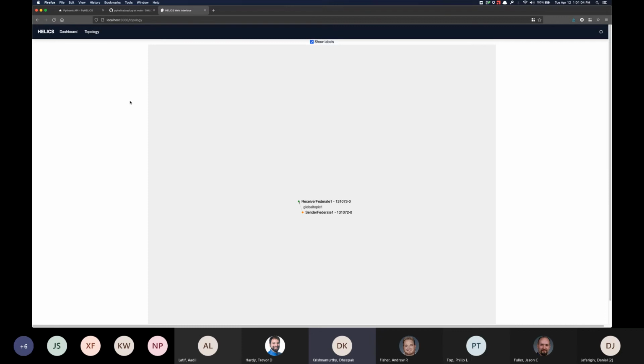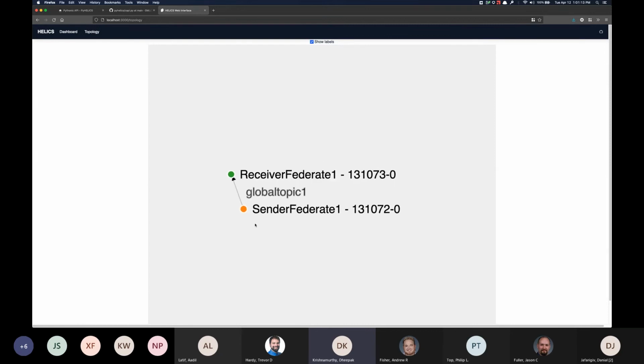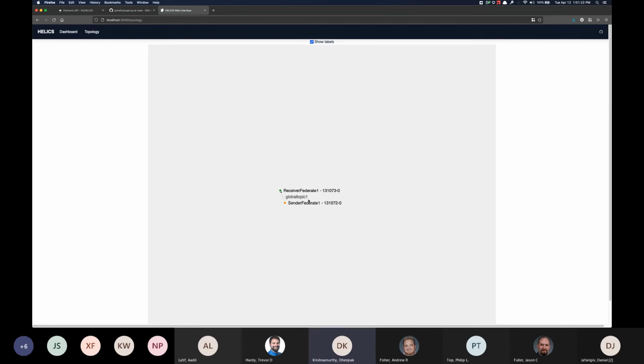We also have a topology tab, and this shows how your co-simulation was connected. So in this case, there's a sender federate that basically is sending data over a topic to the receiver federate.